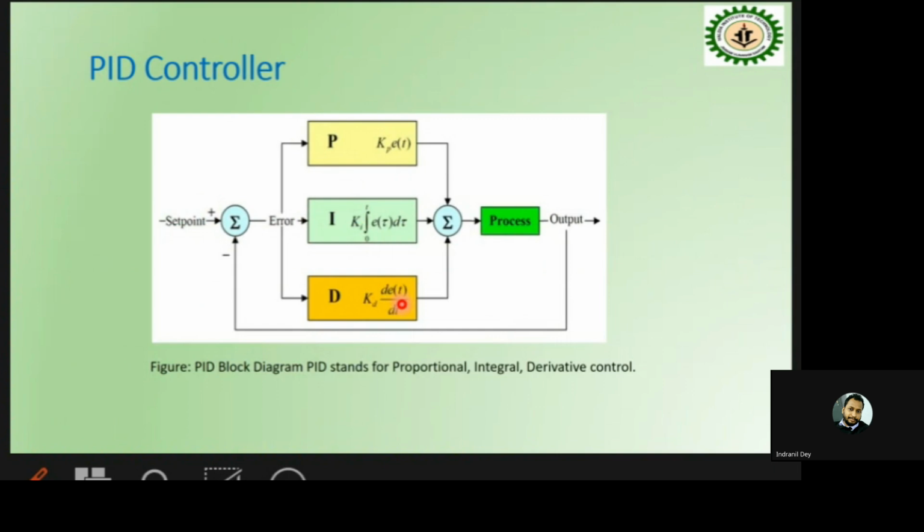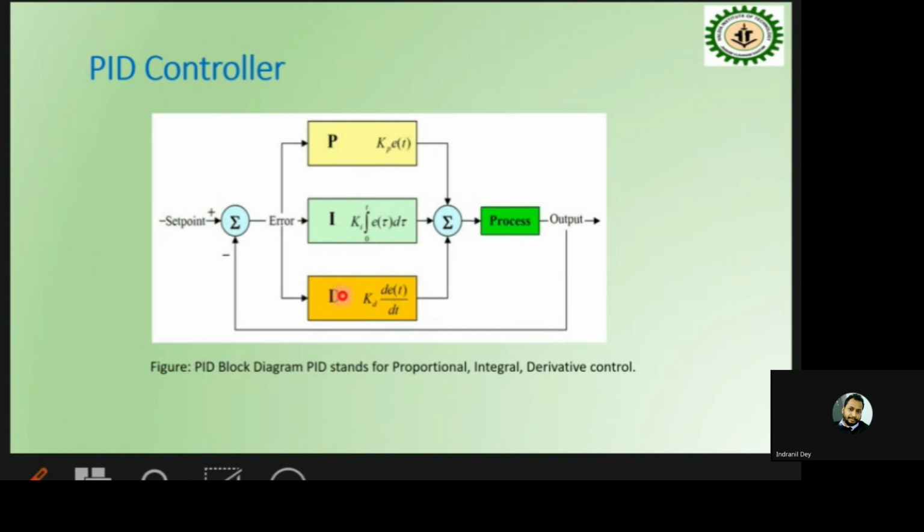And the derivative part is the derivative of the error, with the derivative constant Kd. Combining all these three, we have a PID control action which directly affects the process in terms of the control signal. So this is the PID block diagram, where PID stands for proportional, integral and derivative action.